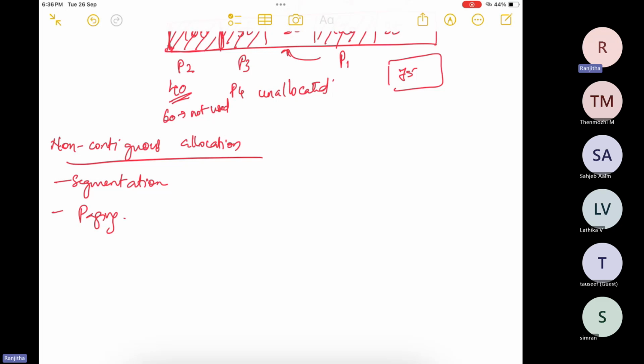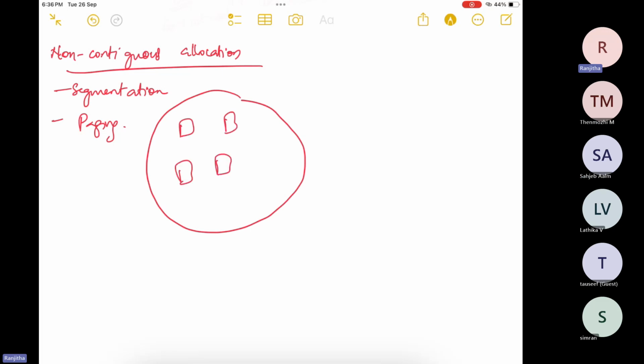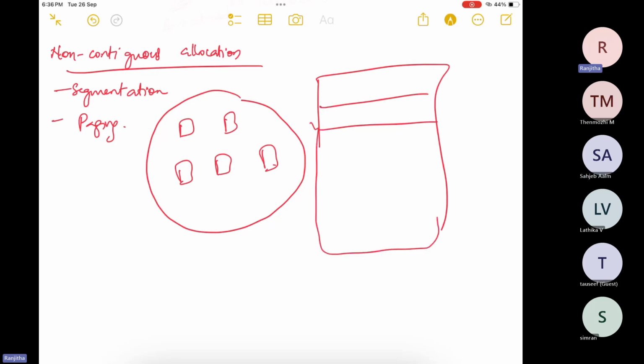So in segmentation, we typically divide the process, the program, into different segments. Like a big program will be divided into small segments, and then these segments will be allotted in the memory. This will be one segment, this will go to the other segment like this.